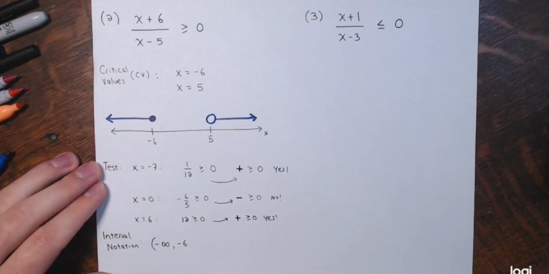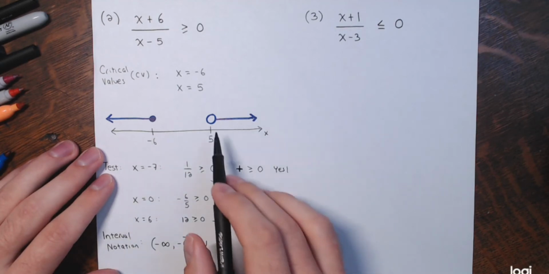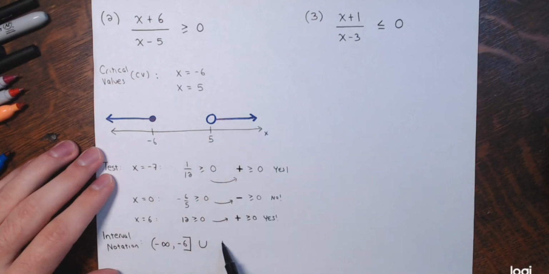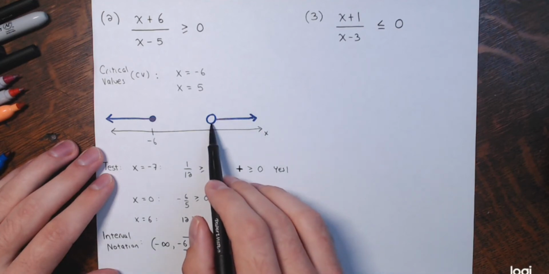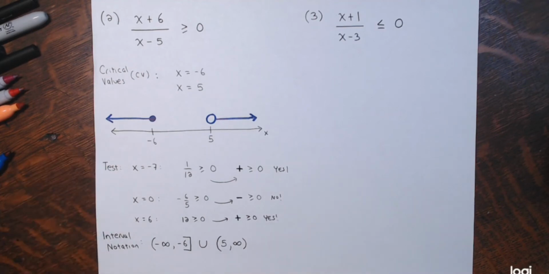Infinity and -∞ are not numbers. But -6 we said was a solution, so I'm putting that rectangular bracket on -6 to indicate that it is a solution. And we have the gap. Union with the interval from 5 to infinity, 5 comma infinity, parentheses on infinity, and we said earlier 5 is not a solution, because it makes a denominator 0.